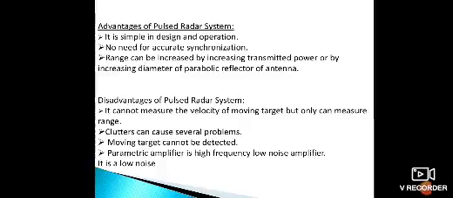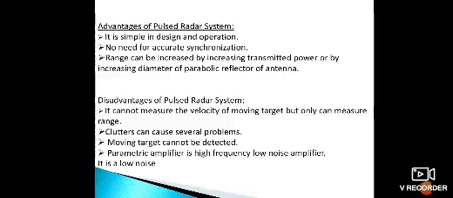If we are going to remember clutter, it is unwanted echoes, unwanted signals. To be frank, it is nothing but unwanted signals coming from the ground, sea, rain, animals, insects, and atmospheric effects. We get some echoes from sources other than the target, and that affects the performance of our radar system.